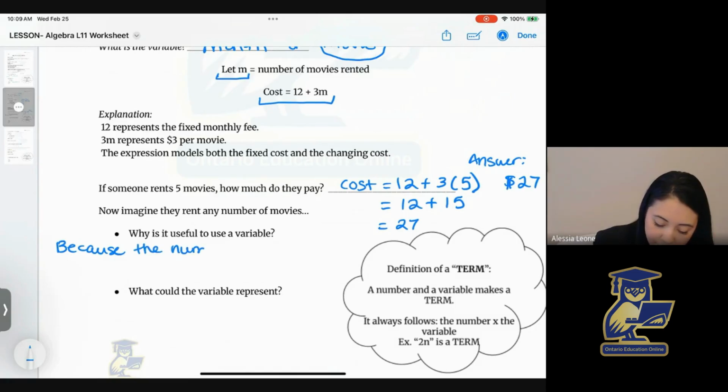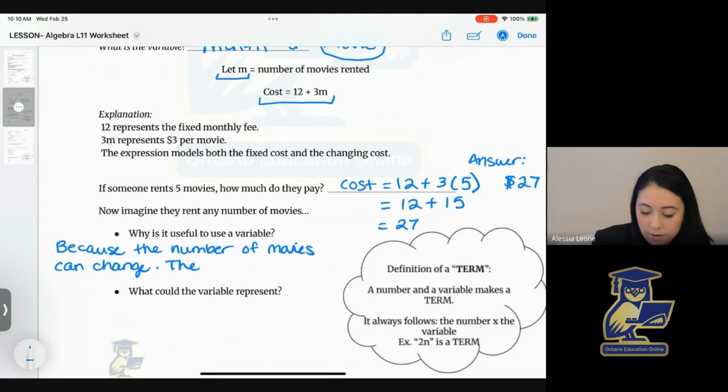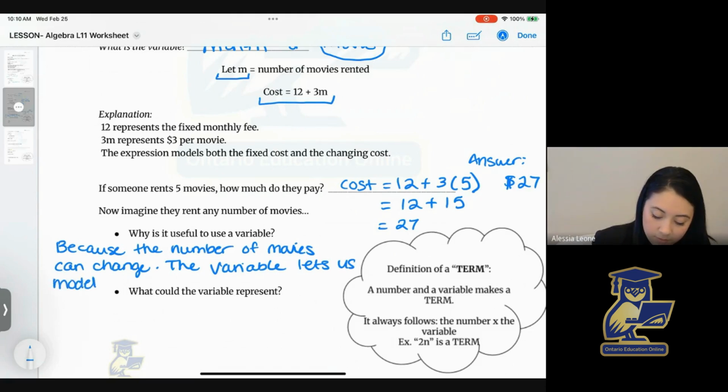Because the number of movies can change, the variable lets us model any number of movies.